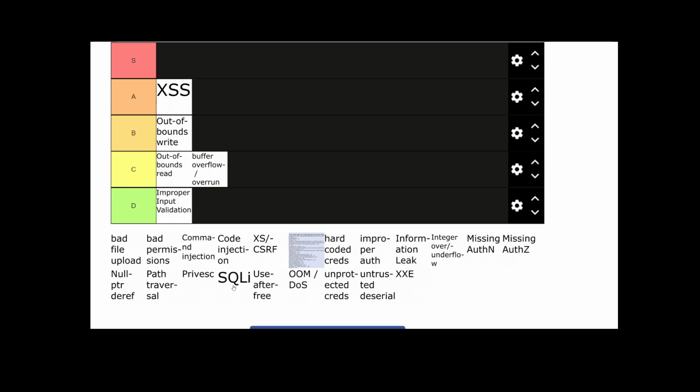I think it's ridiculous that this is even a problem in 2020. I'm going to put that one in the D tier because I think it sucks and I hate SQL. And when SQLi is no longer a thing, I won't. Hopefully we can all forget about SQL.